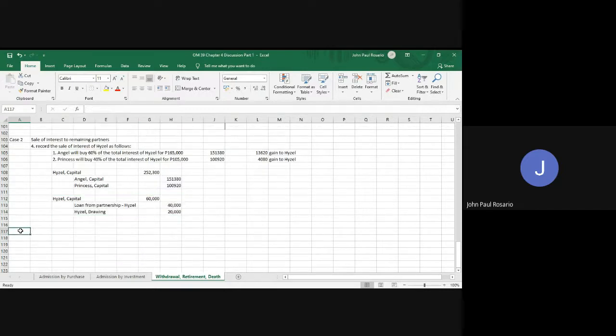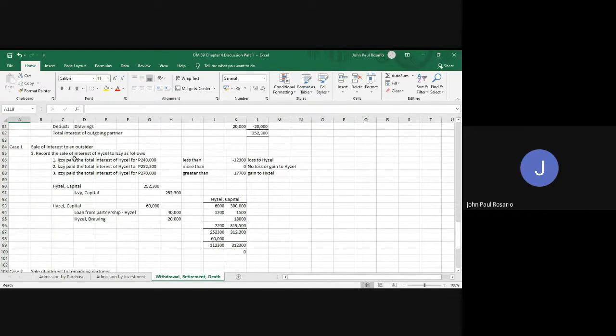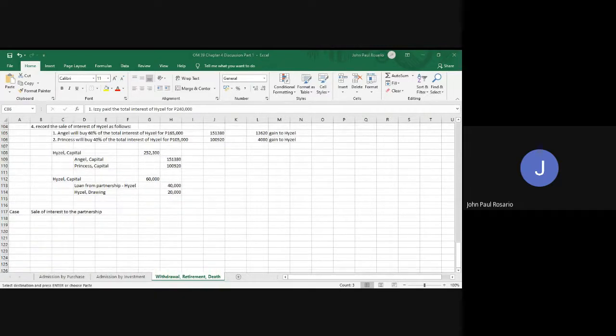Now, let's go to the third case wherein what if it is a sale of interest to the partnership. So this time, the partnership resources will be used to purchase Hazel's interest. Okay, so instead here, partnership na batong gamiton.